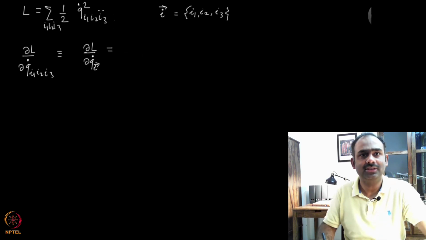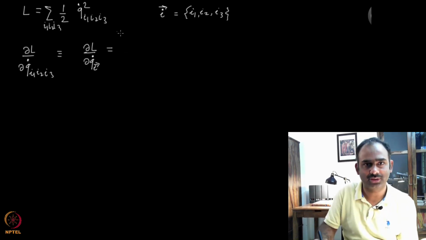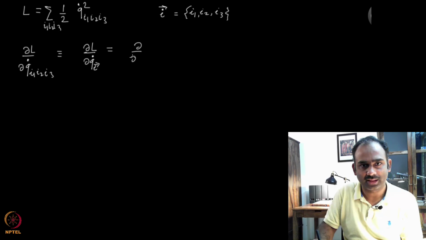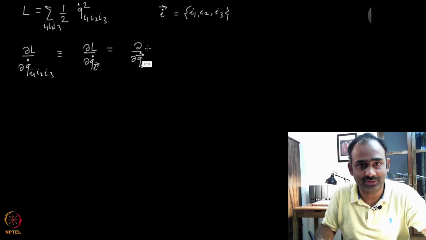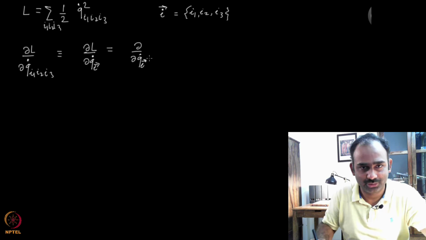So, here this becomes q_i dot. Sorry, the vector is at the wrong place, q_i dot.